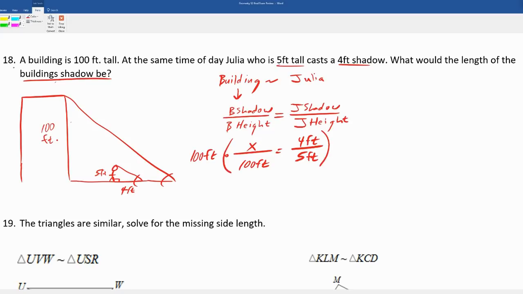So I'm multiplying that 100 with both the left-hand and right-hand side. And you should get 400, right? 4 times 100 divided by that 5. And that should give you 80 feet. So our shadow for our building should be 80 feet in length.